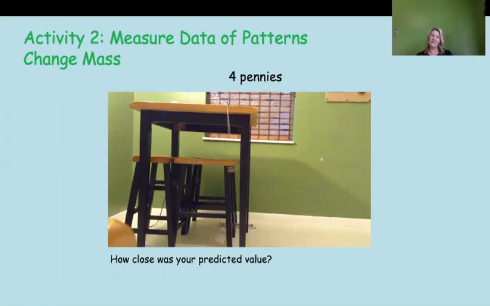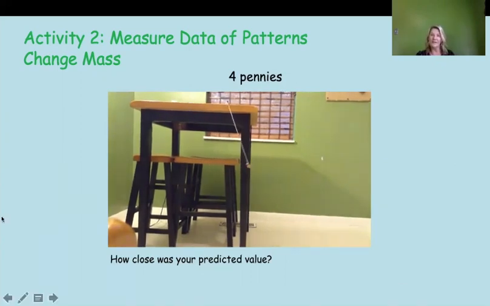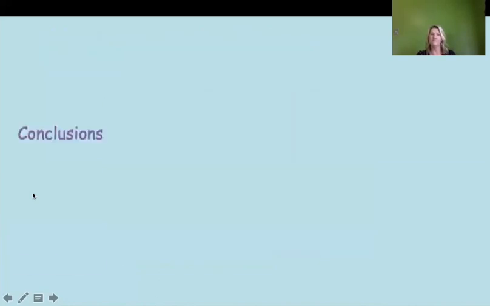Okay, so how many swings did you get? How close was it to your predicted value? Conclusions.